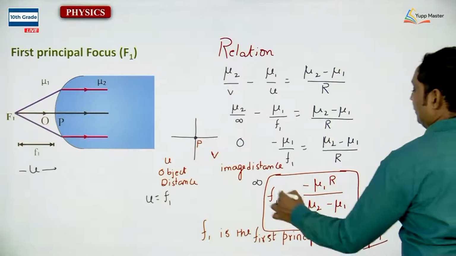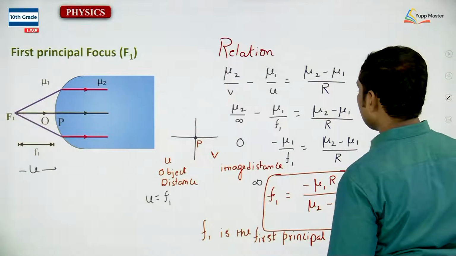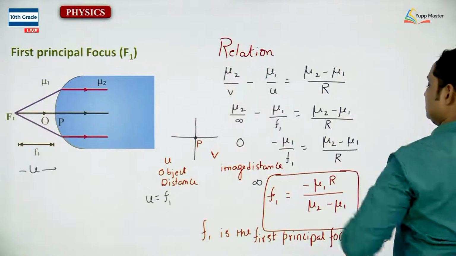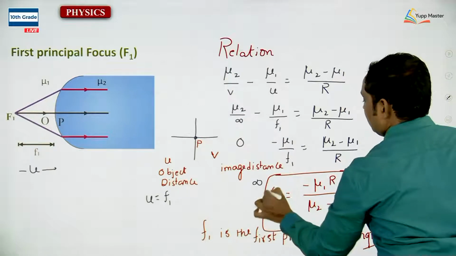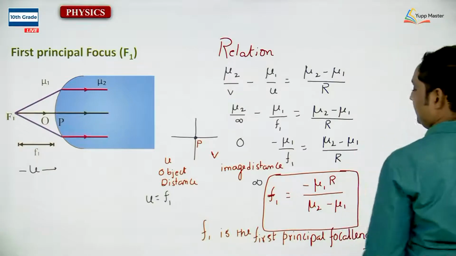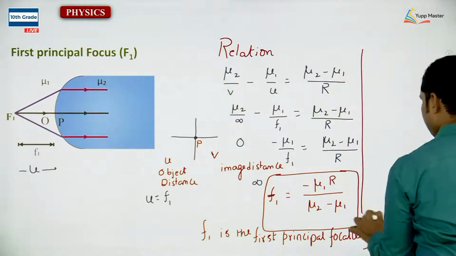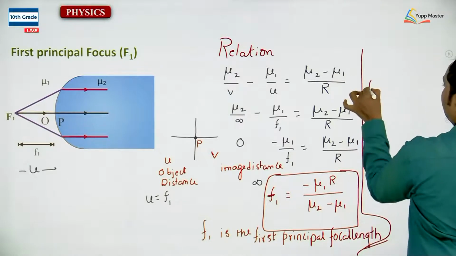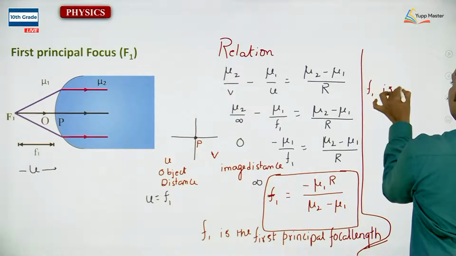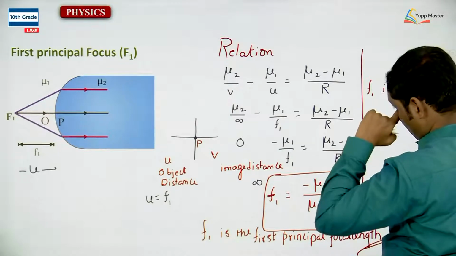So here it is very clear. For F1, we are going to take that F1 is negative, the sign if you are going to take that. F1 is negative, you just have to take this one.